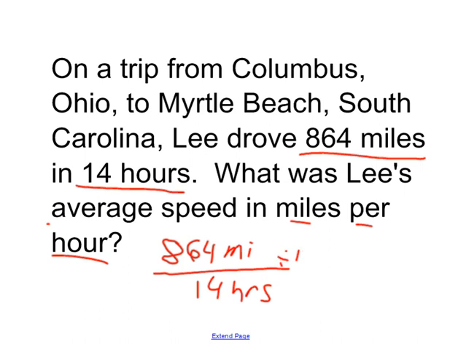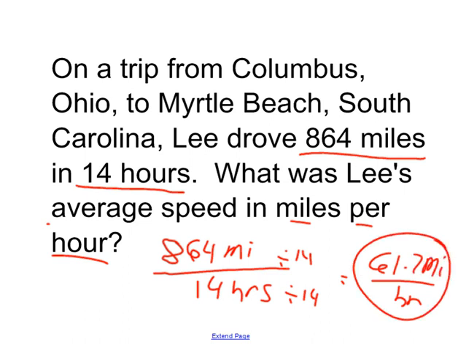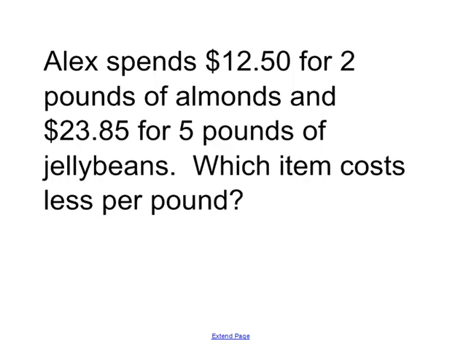I'm going to divide both sides by 14 because I want to get a denominator of 1 hour so I can know what its unit rate is. And I'm going to do that with my calculator. It's 864 divided by 14 hours, and I get 61.7 miles per hour. Miles per hour is the unit rate for that problem.